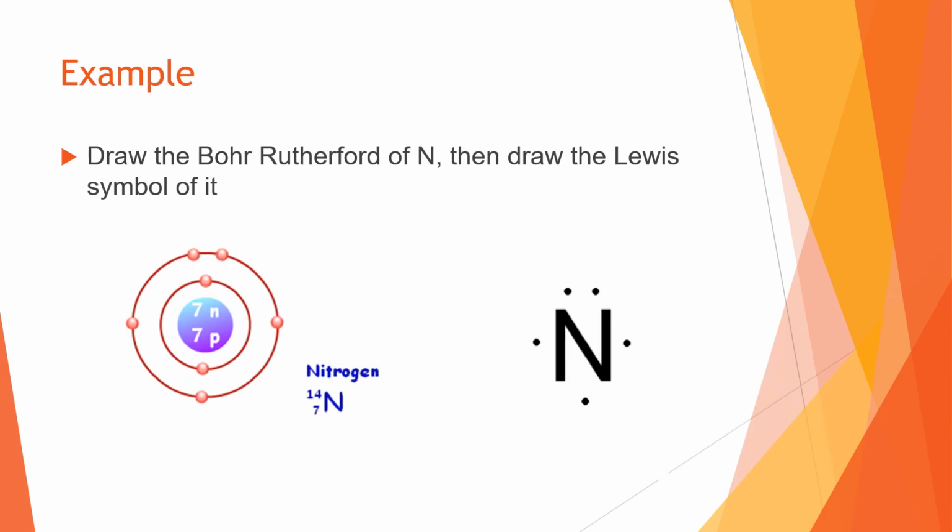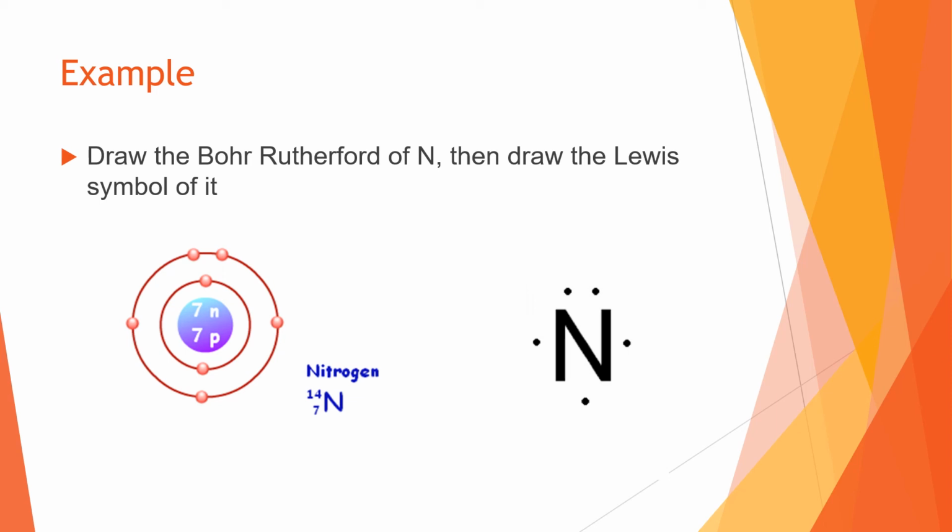Okay, so it says draw the Bohr-Rutherford of nitrogen, and then draw the Lewis symbol. So this has been done here for us. In order to do the Bohr-Rutherford diagram, guys, you would have found the number of protons, electrons, and neutrons. So we have 7 protons and 7 neutrons in the nucleus. And then based off the periodic table, you would have also found that nitrogen has 7 electrons.